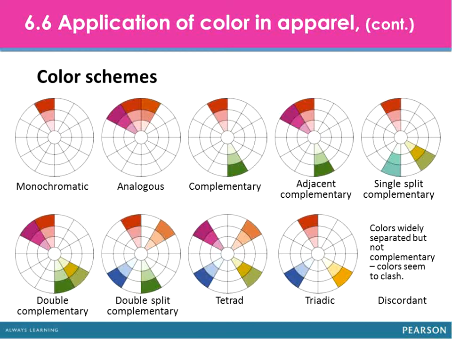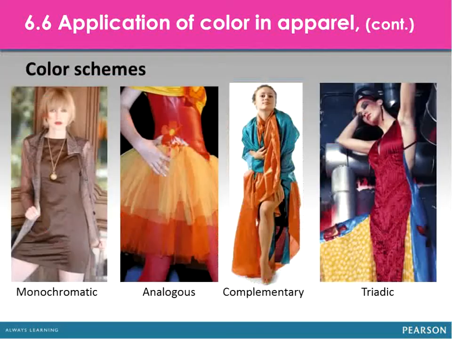The main ones I'd like for you to focus on for this class, be able to identify a monochromatic, analogous, complementary, and the split complementary is another good one. All right. Here are some examples of our different color schemes. This is a monochromatic. It's in the brown section, and we've got a couple different shades of it.